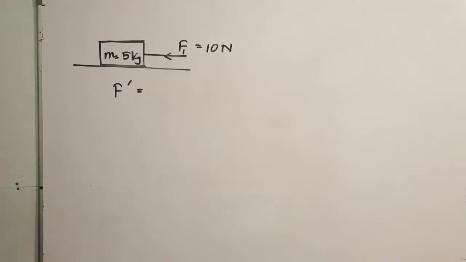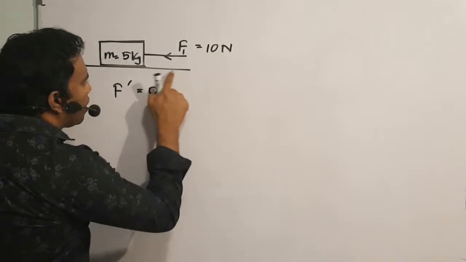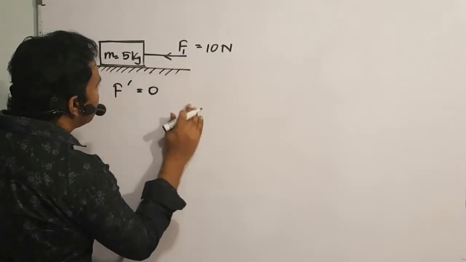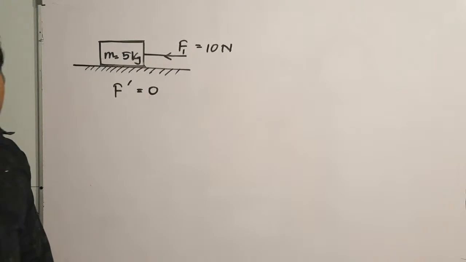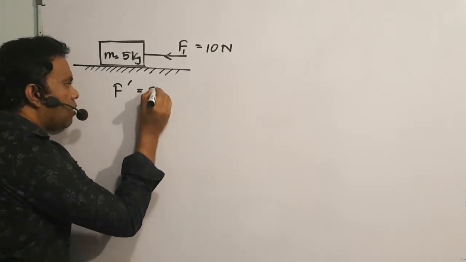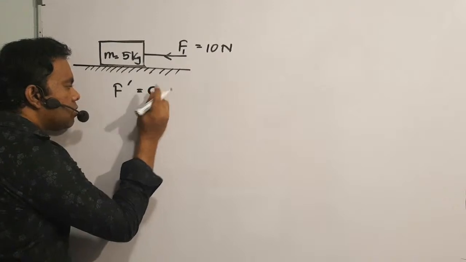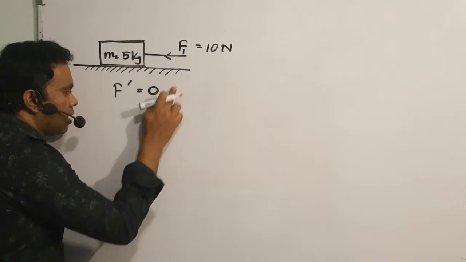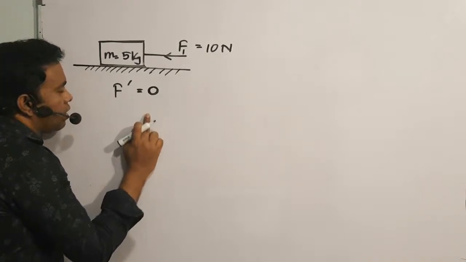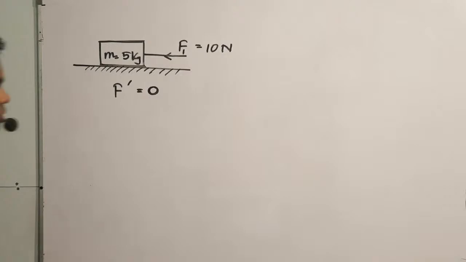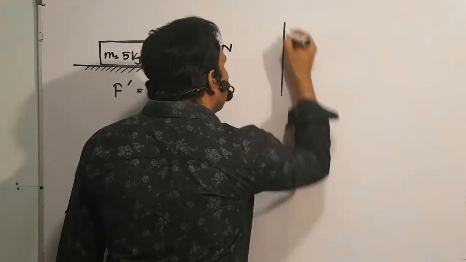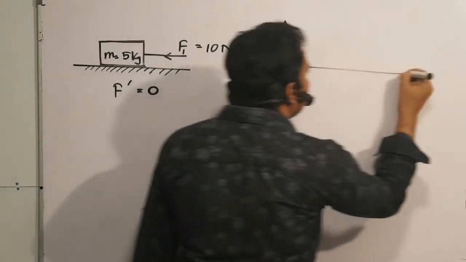Right? If the frictional force is 0, that surface must be a smooth surface. If this is a rough surface, definitely this frictional force is having a value. And the motion is described by a velocity time graph.